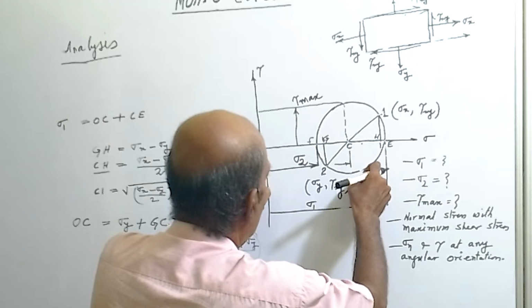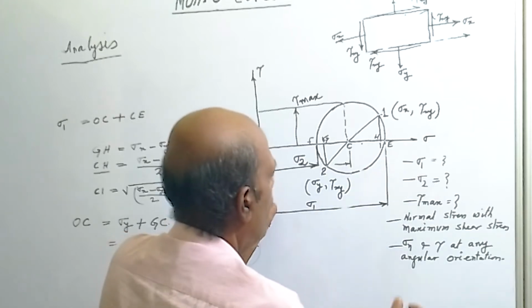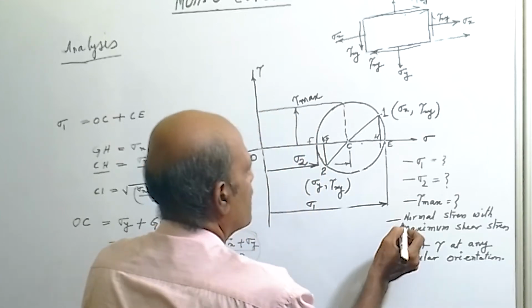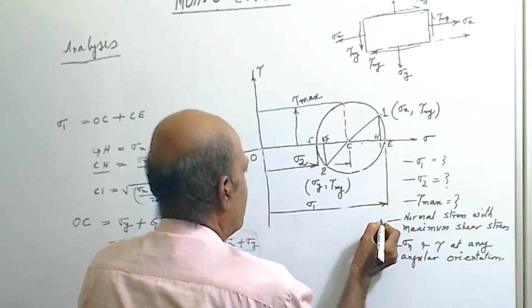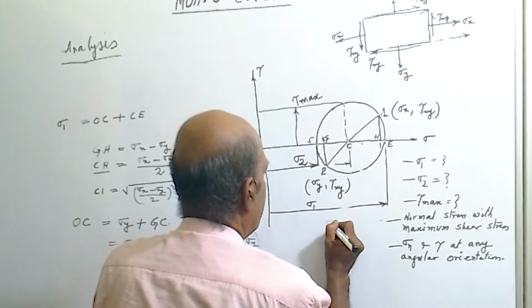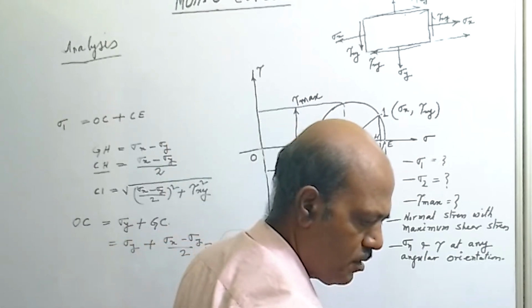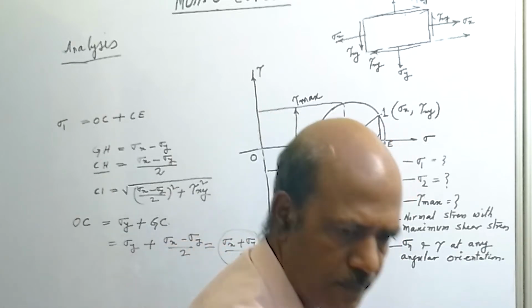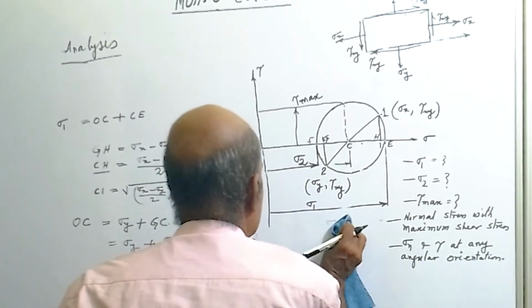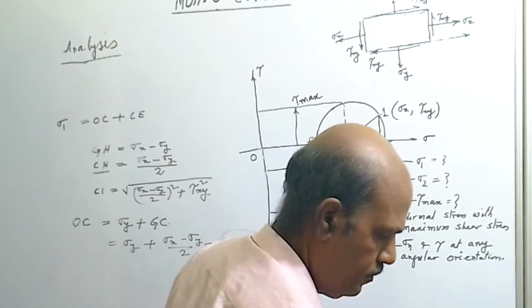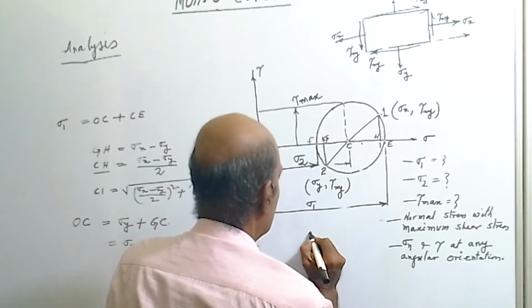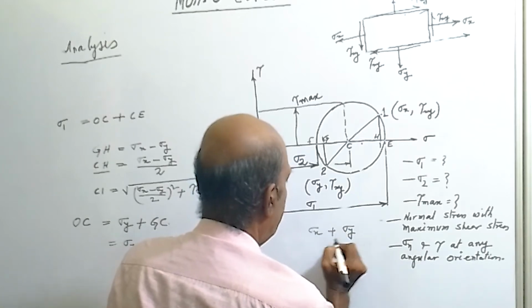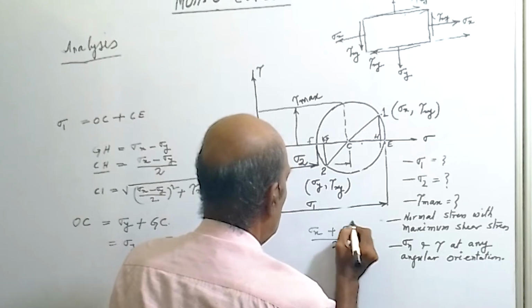OC is the normal stress on the maximum shear stress plane, given by sigma x plus sigma y by 2.